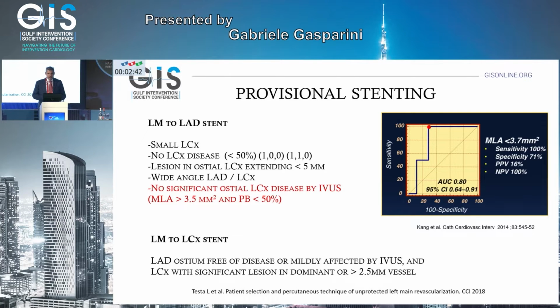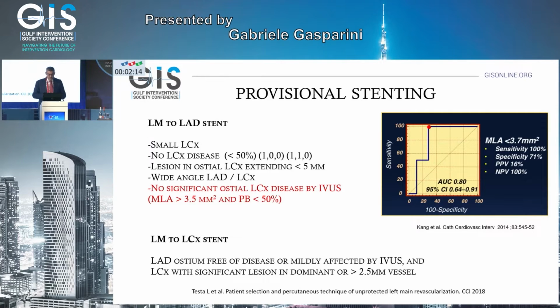So, information that can guide me in choosing provisional stenting is the following. I stent left main to LAD in case of small circ, or in case of no disease of the circ: less than 50% of plaque burden, or lesion in the ostial circ less than 5 millimeters, and wide angle between LAD and the circ.